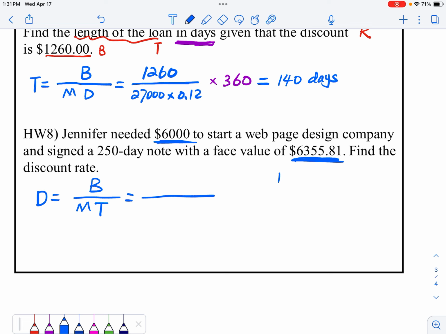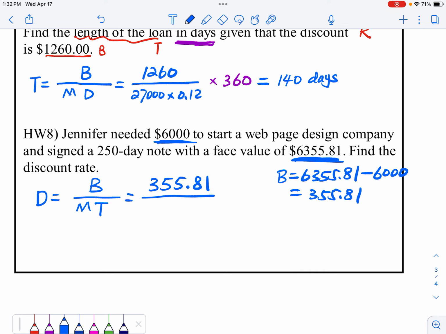So the bank discount is the face value, 6,355.81, minus how much Jennifer actually gets, which gives 355.81. So that's the bank discount, 355.81, divided by the maturity value, 6,355.81, times the time.